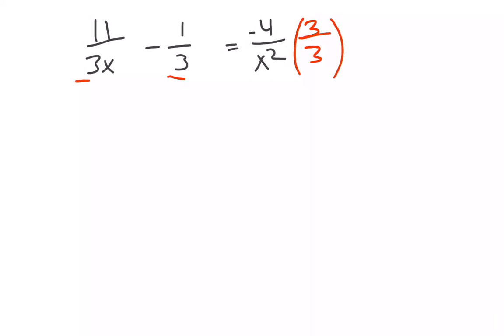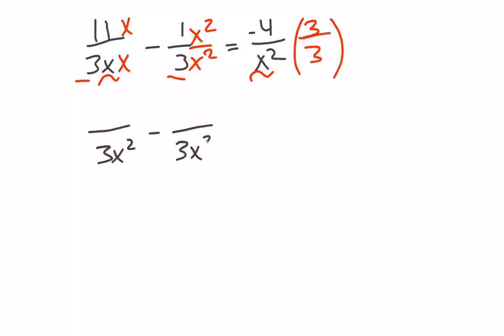If I look at variables, they have some x's going on, and the highest exponent I have is x squared, so I need to make sure everything else has an x squared. So I need to multiply the first fraction by an x over x, and my second fraction by an x squared over x squared. And that should give me a common denominator of 3x squared all around.